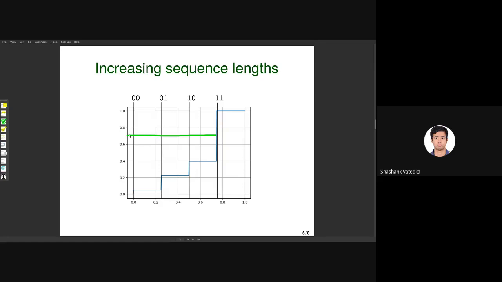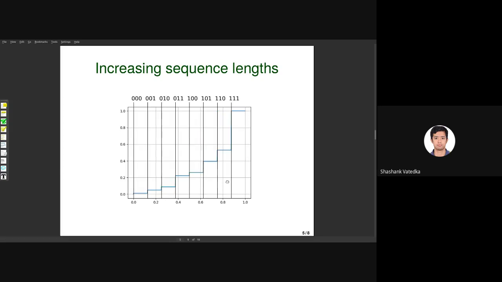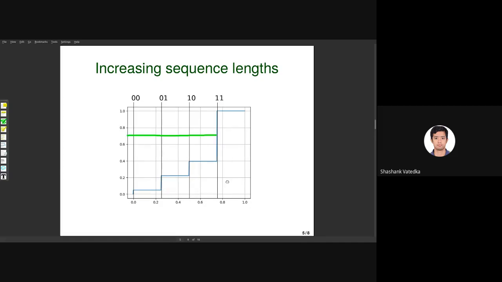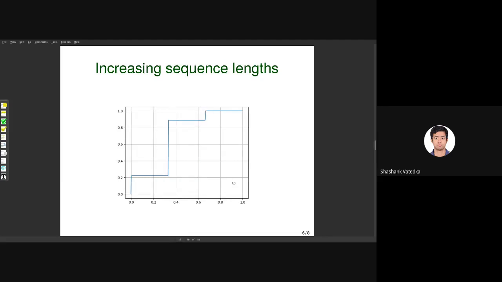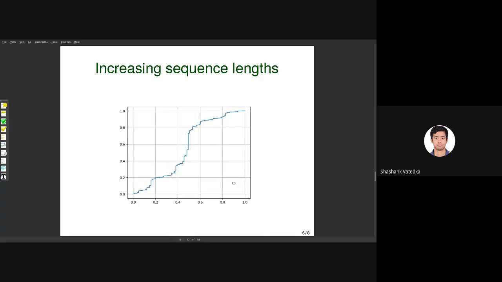This corresponds to some real number, and you just take the binary representation and truncate it to log 1 over p of x plus 1 bits. Right? So as you keep increasing the sequence length, as you go from n equal to 1 to n equal to 2 to n equal to 3, the size of the interval keeps shrinking, and it becomes smoother and smoother.